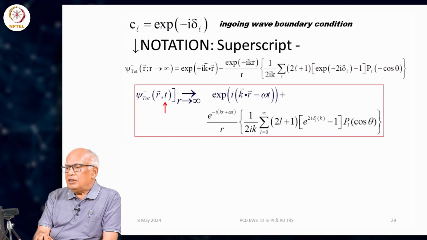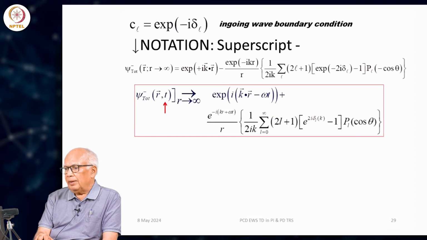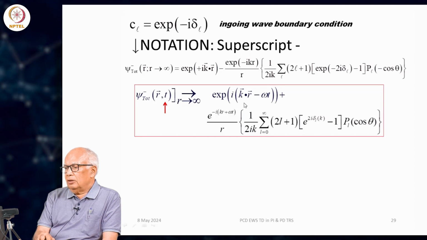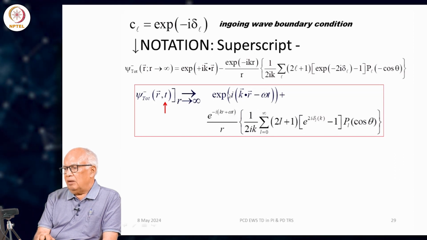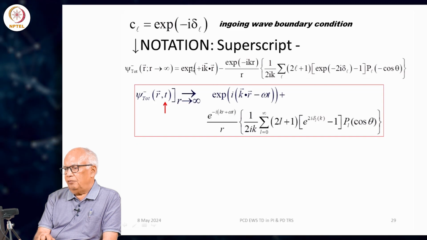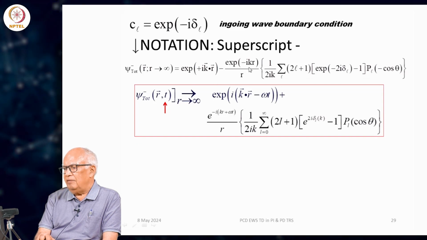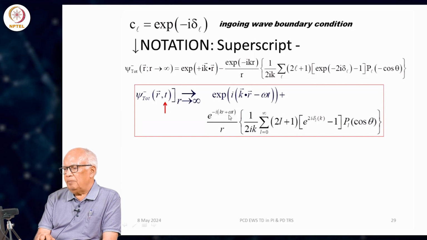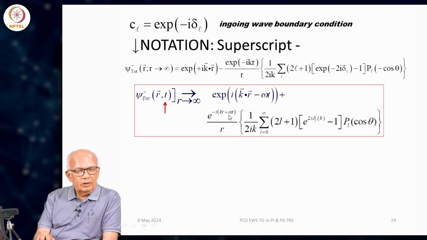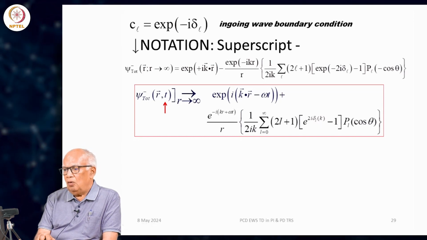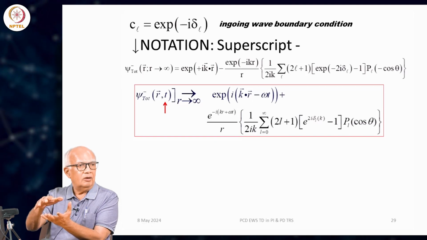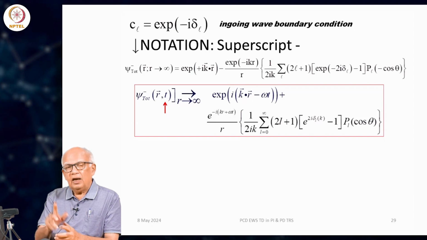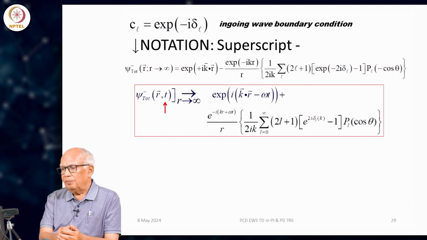Let us write this expression along with the time dependence. So, I have now put e to the minus i omega t. So, I have e to the i k dot r minus omega t here, and over here I have e to the minus i k r, and the minus sign is common. So, this is k r plus omega t. Now we know that k r plus omega t is spherically going inward, because the constant phase will require k r plus omega t to be constant.